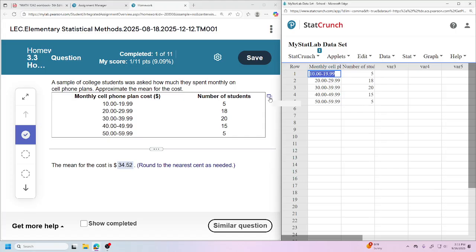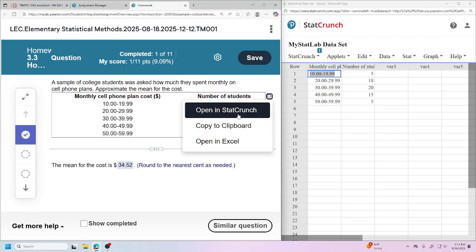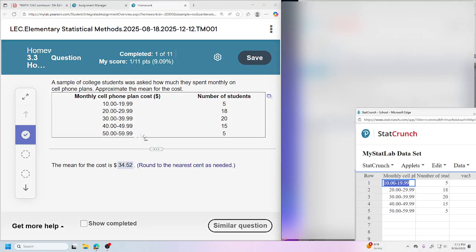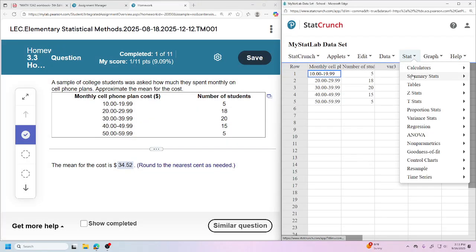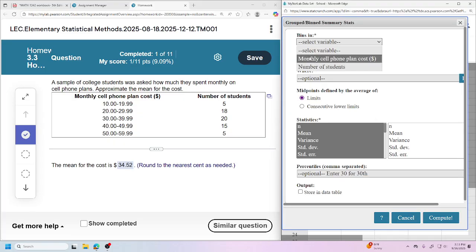So I see this little thing here, and I'm like, oh yeah, StatCrunch for sure. So I pull it up, and then summary stats, group bin data, because I have the 2 different columns. And then I just click the first one with the first one, second one with the second one. Cool? Excellent. Great question.